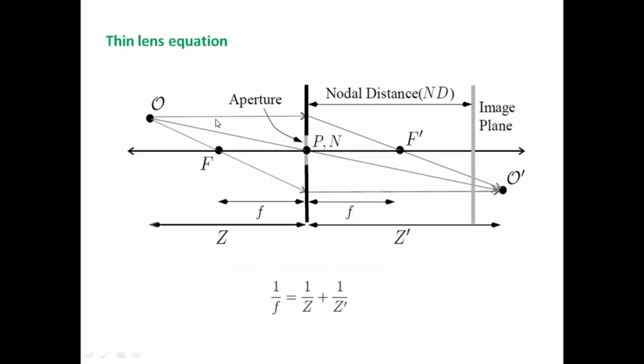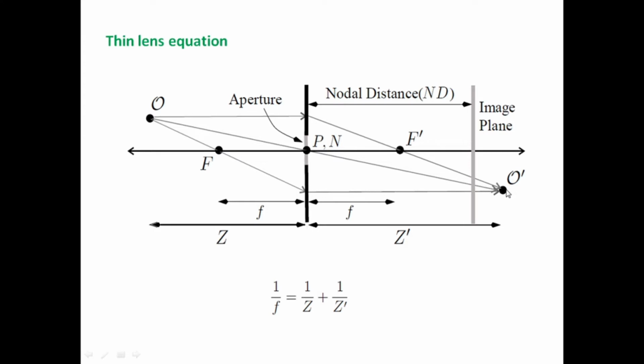So let me assume an object O is focused on the image plane. Actually the image plane has to come and sit here, so there is a minor mistake. The image plane will be here. So a 3D object in the world, present at location O, is focused at O dash in the image plane.